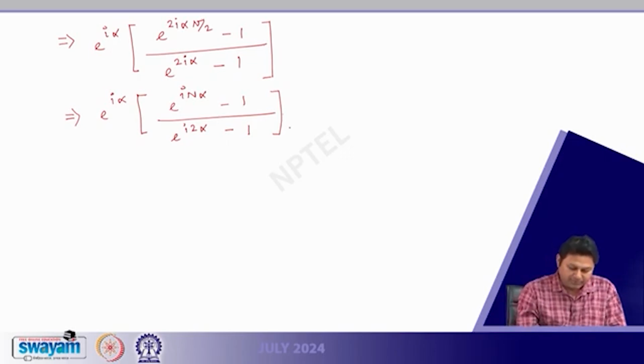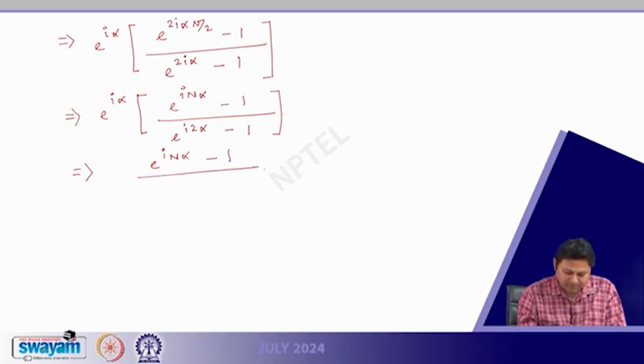Now, if I divide these things with e to the power I alpha, so this will be simply e to the power of I n alpha minus 1 whole divided by, if I divide that, it should be e to the power of I alpha minus e to the power of minus I alpha.